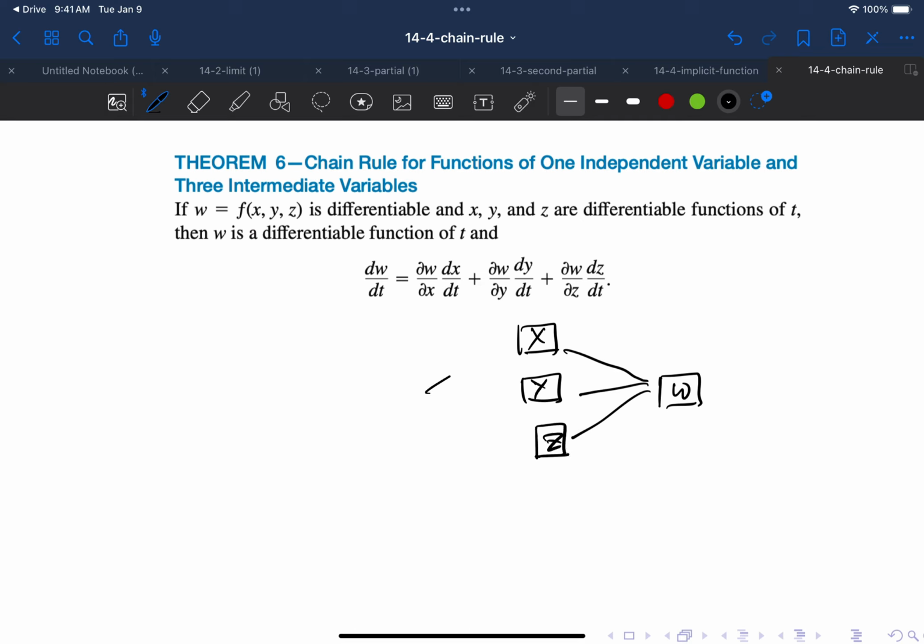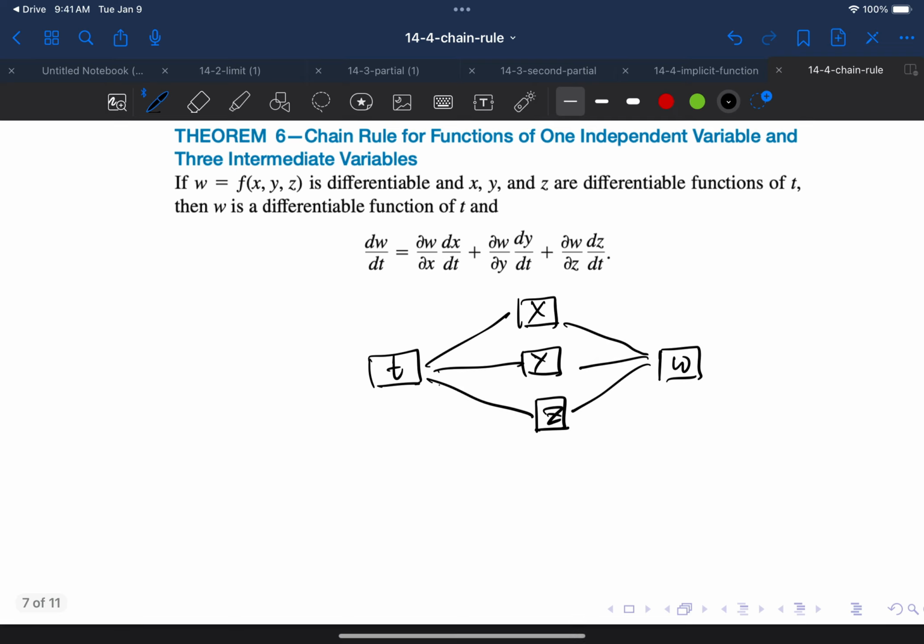And x, y, z are coming from t. So basically this gives one path. Wx times xt gives me this part. And wy and yt gives me this part.